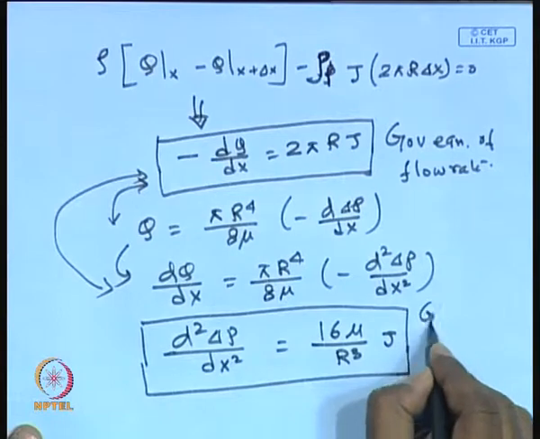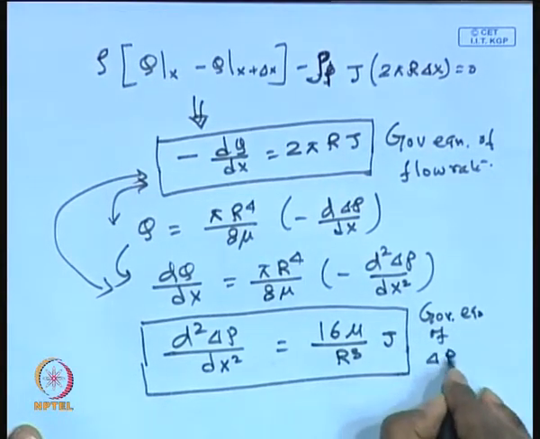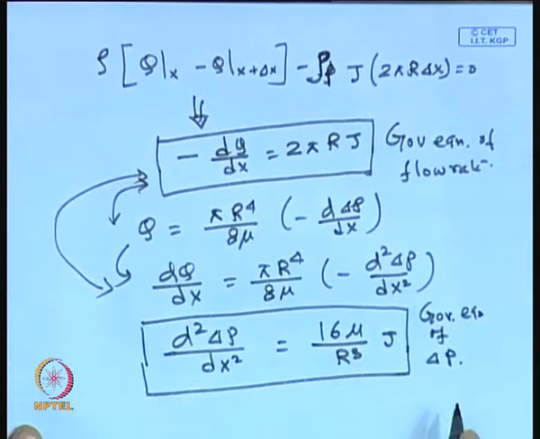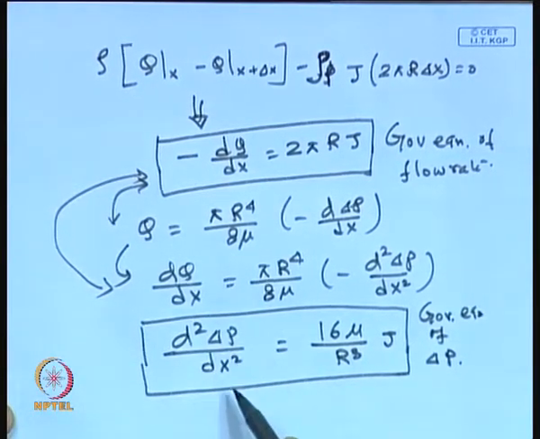So this is the governing equation of transmembrane pressure drop, how that is varying as a function of x. Again, you will be having two boundary conditions. You require two boundary conditions on delta p to solve this equation.